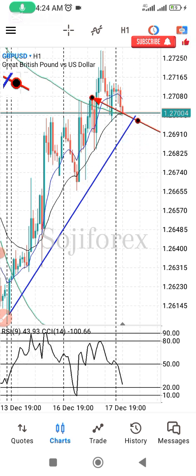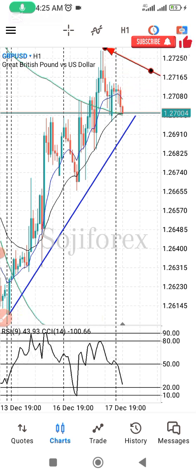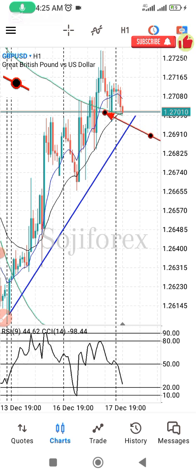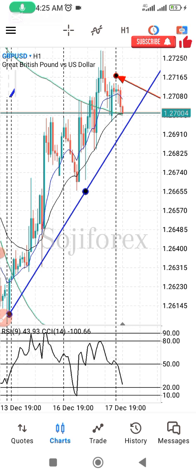And when price comes to this middle Bollinger Band, we are expecting two scenarios: either it gets resisted and continues to the downside, or it breaks through it. And when price breaks through it, price will not go to the upper Bollinger Band immediately. There will always be a signal, and one of those signals, remember, you have your trend line connected.